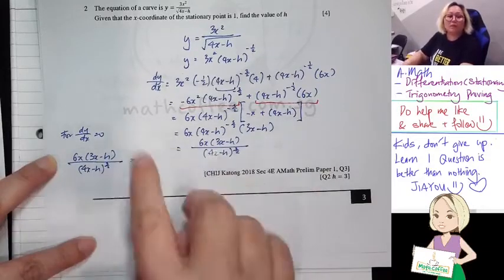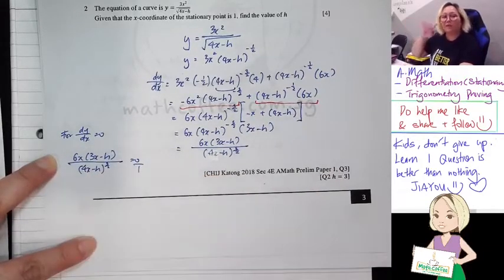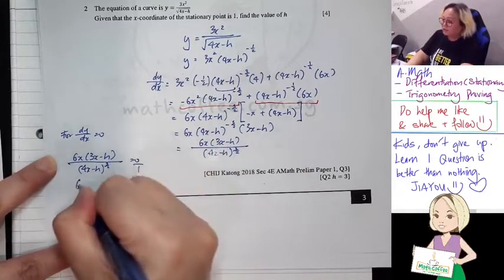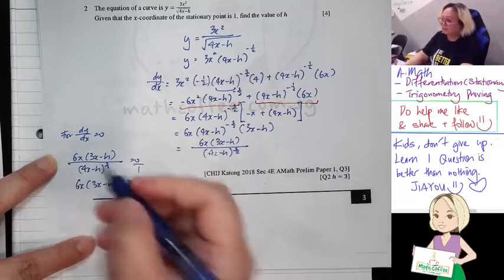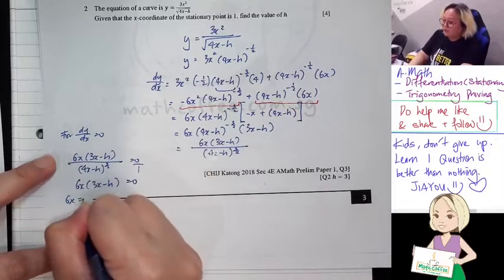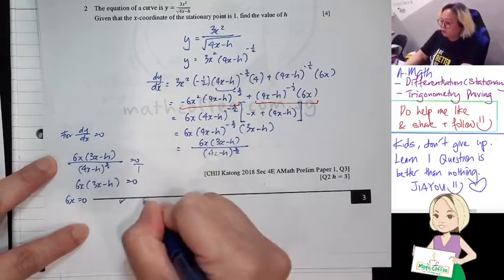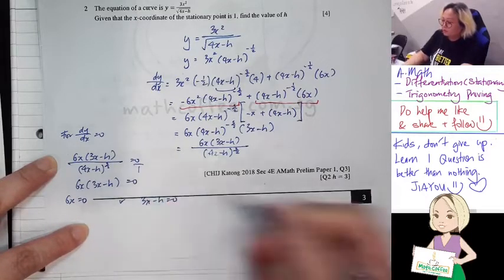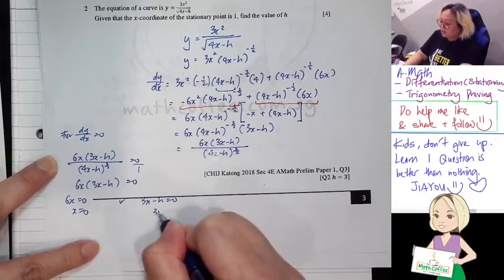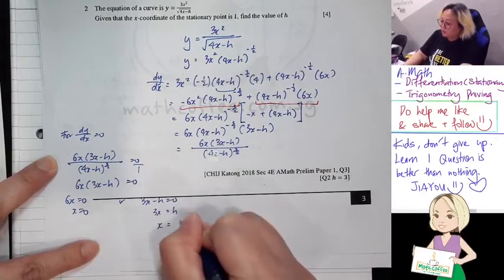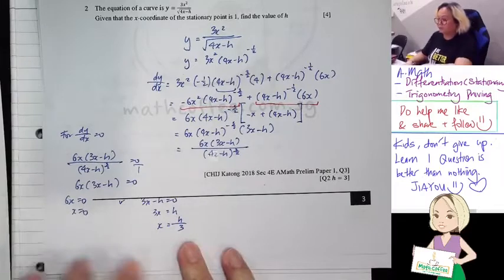When you cross multiply, 0 times the denominator disappears because it becomes 0. So you end up having 6x, 3x minus h equals to 0. Right? So you will have 6x equals to 0 or 3x minus h equals to 0. So x equals to 0 or 3x equals to h, x equals to h over 3.